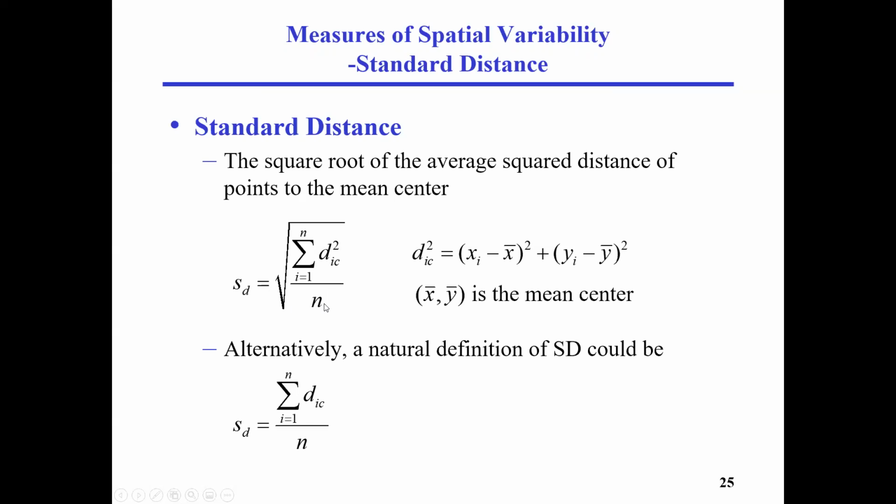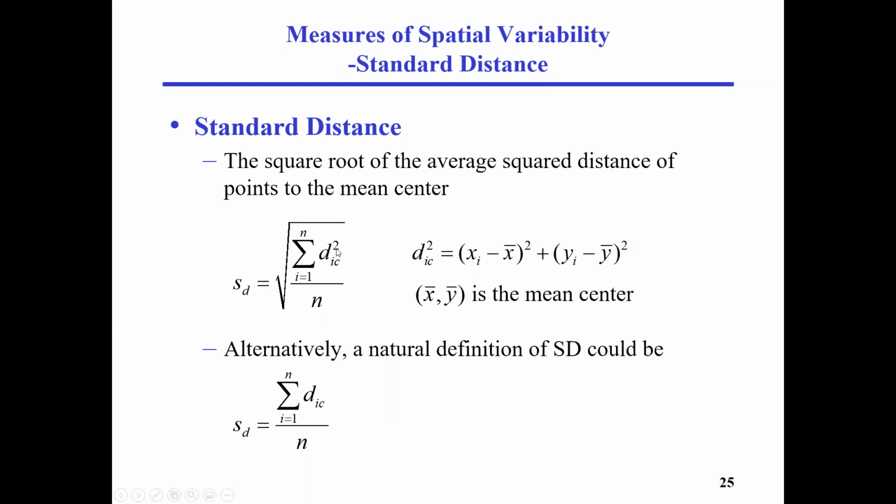Because you use this n here to standardize the squared sum of Euclidean distances between all other points and the mean center. Of course, if you do not like the square, you can just simply remove the square and remove the square root.